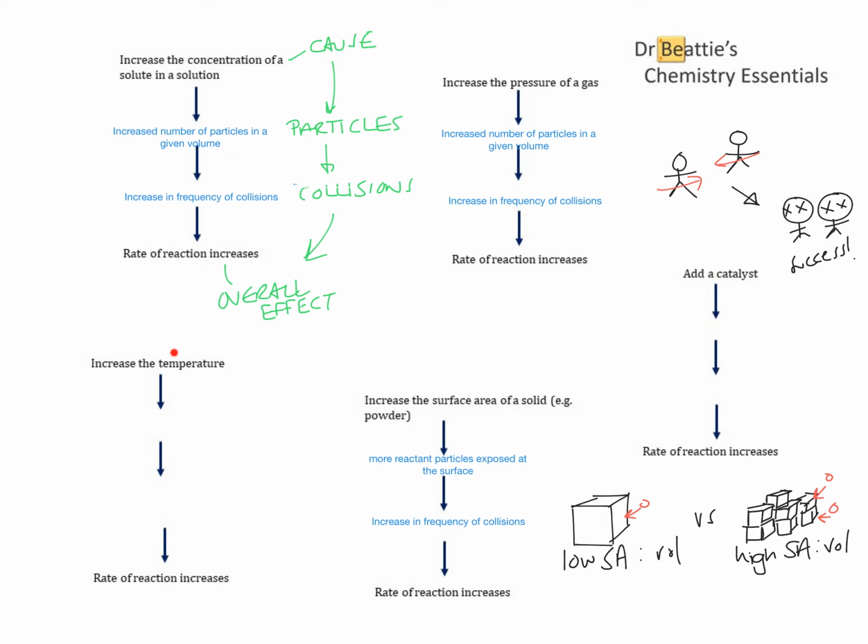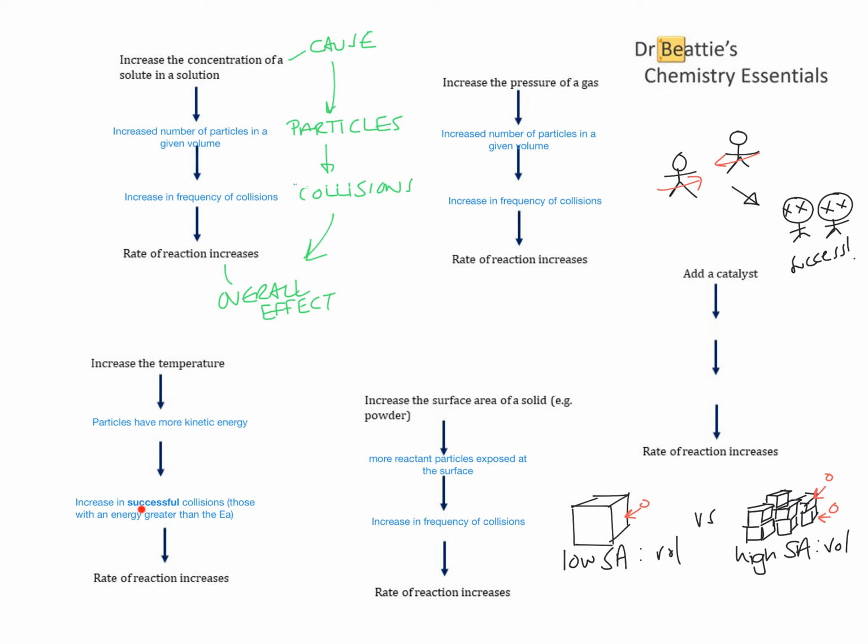Now, if we increase the temperature, that's like telling our particles, our people in our analogy, to run around faster. Therefore, they're more likely to bump into each other than moving slowly. And also, when they do collide, they've got enough kinetic energy to overcome the minimum energy for a successful reaction, the activation energy.